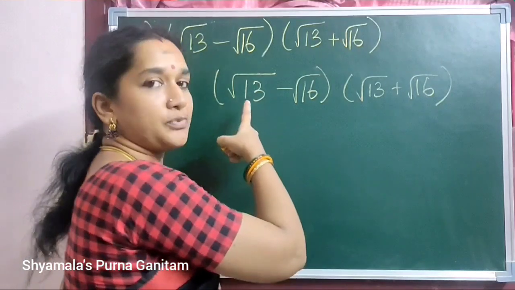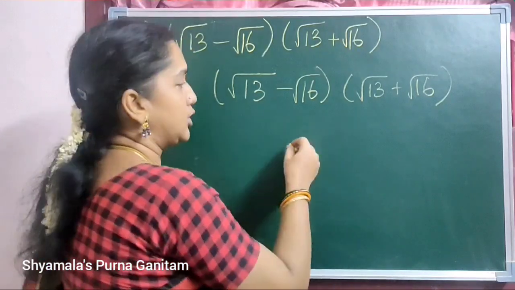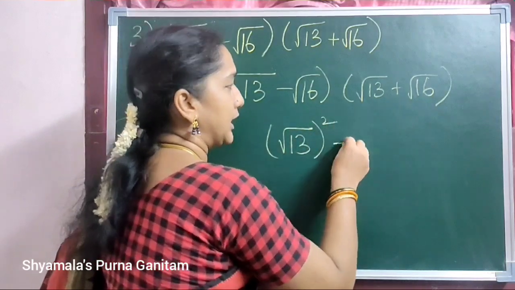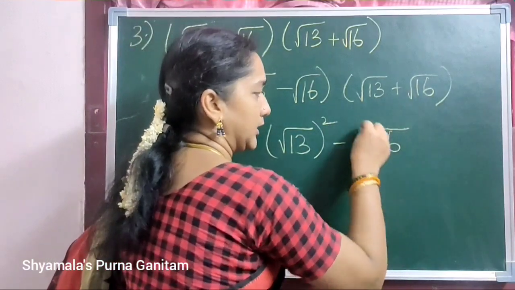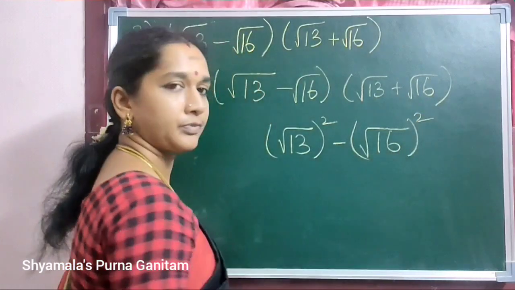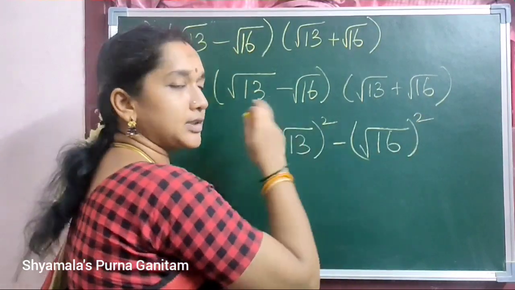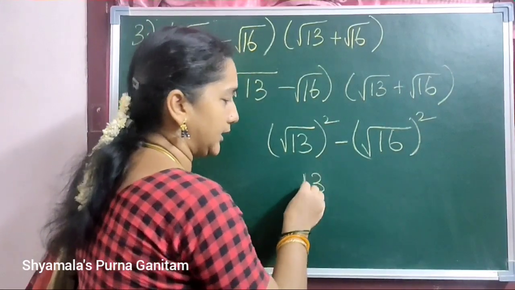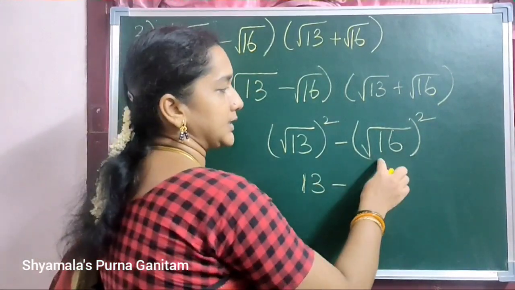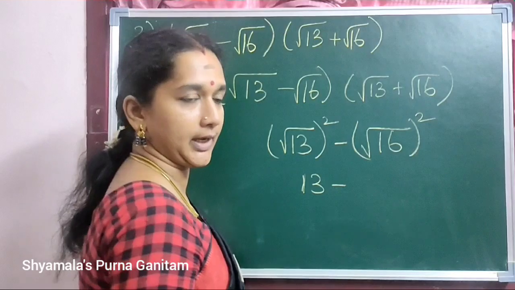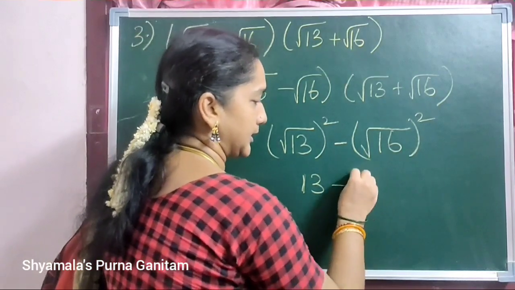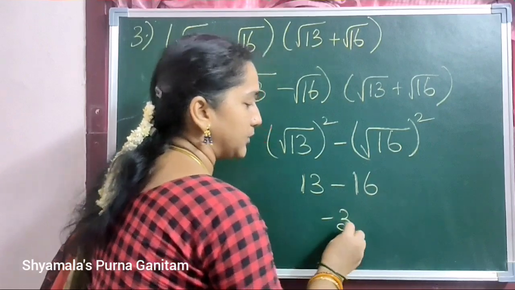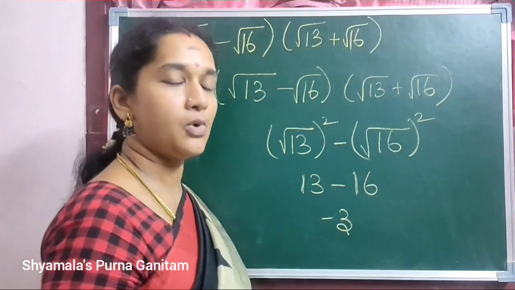Instead of a you have root 13. So you will get a squared minus b squared. So root 13 the whole square is 13, minus root 16 the whole square is 16. So 13 minus 16 is minus 3. This is the answer. Okay, understood.